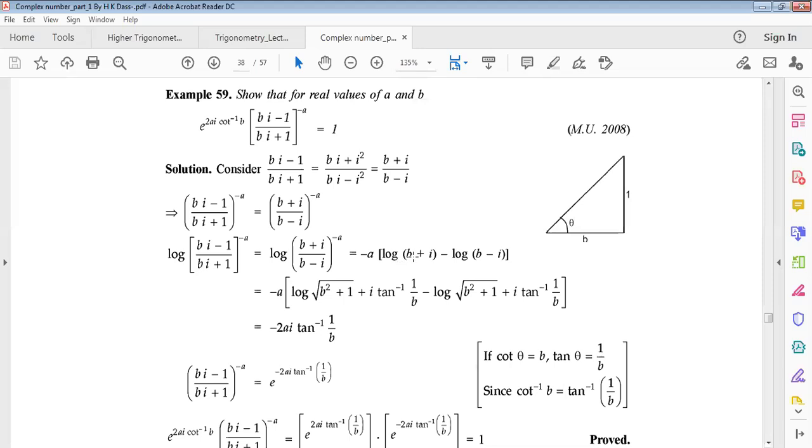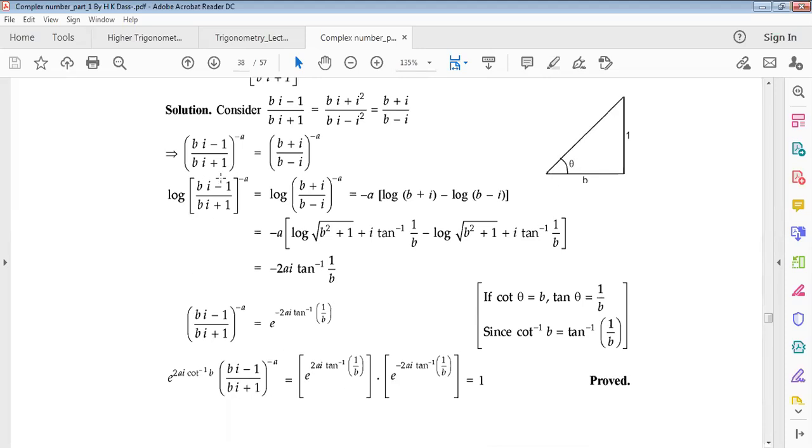This log(b + i) can be written as log of the square root of b² + 1, times i tan⁻¹(1/b). If cot θ equals b, then tan θ equals 1/b, from the triangle. The square root of b² + 1 cancels, equals minus 2ai tan⁻¹(1/b).